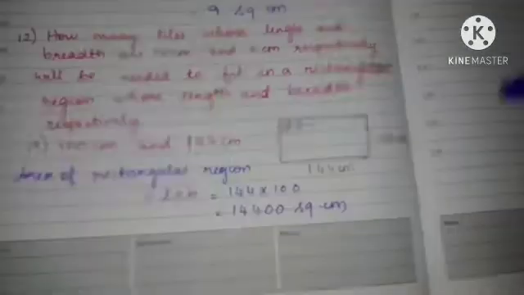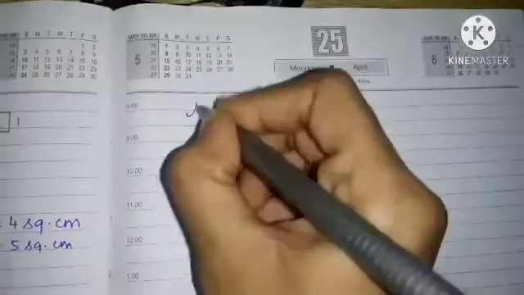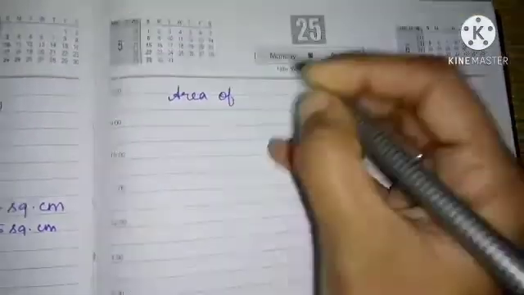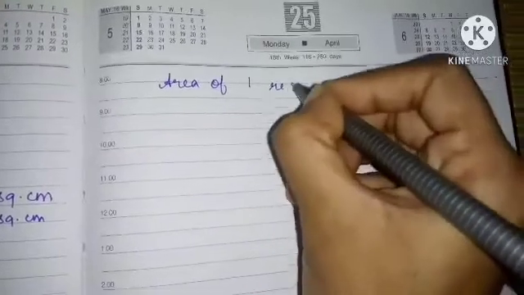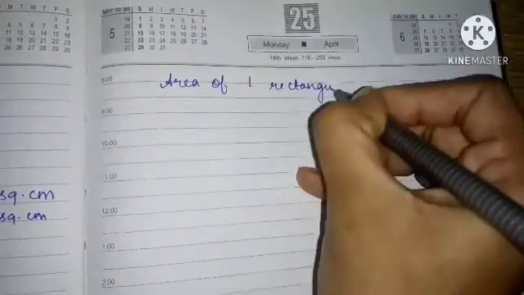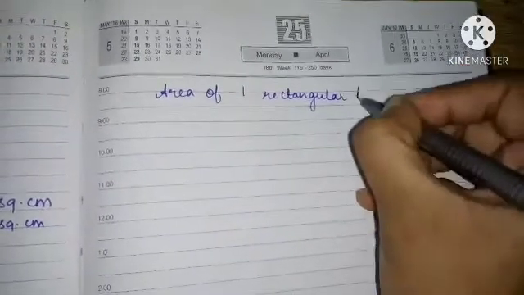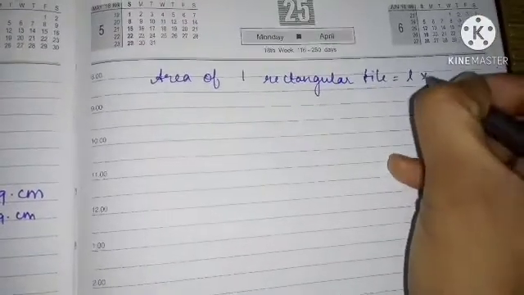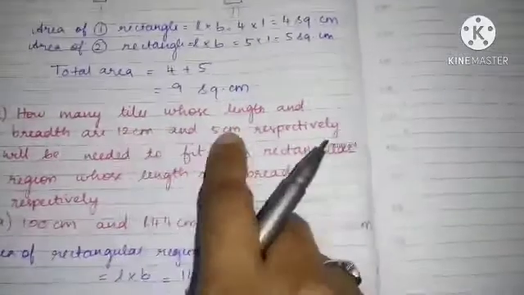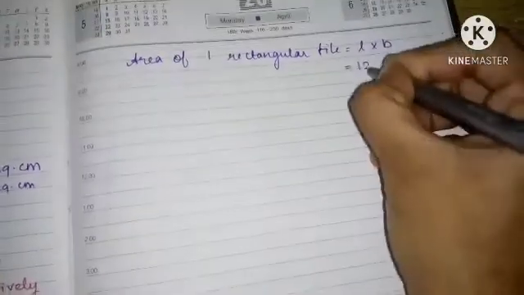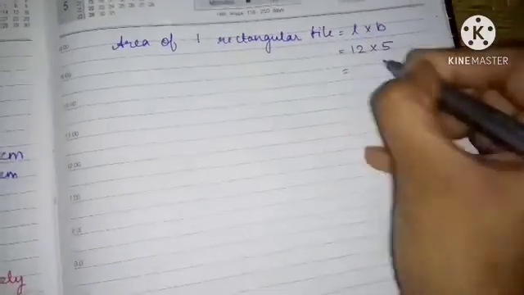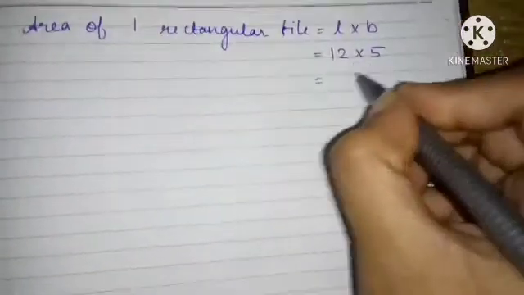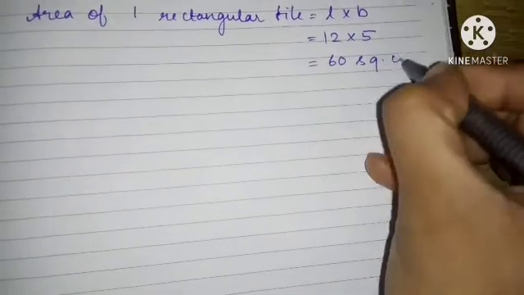Next, area of one rectangular tile. That also we need length into breadth. What is the length and breadth of the tile? 12 and 5. Correct? So 12 into 5, 12 5s are 60 square centimeter.